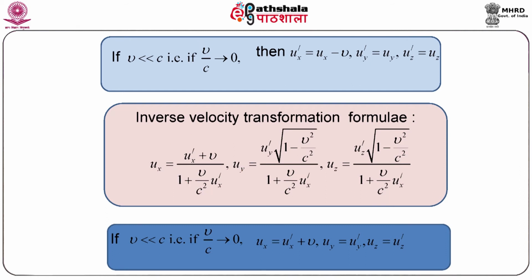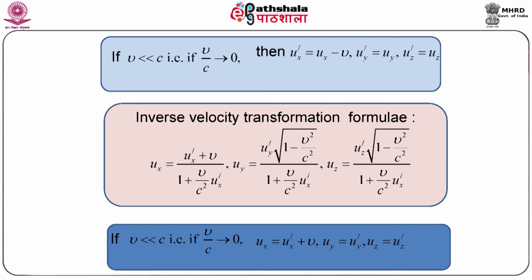If v becomes much less than c, then what happens? Again v by c tends to 0 in such cases. So, putting v by c as 0, we get u_x is equal to u'_x plus v.